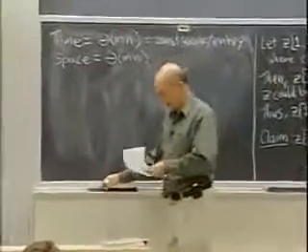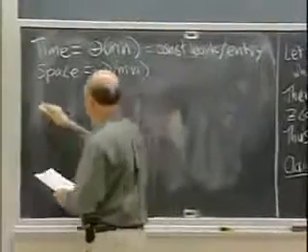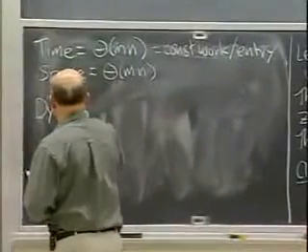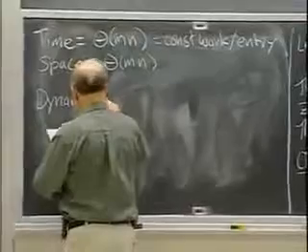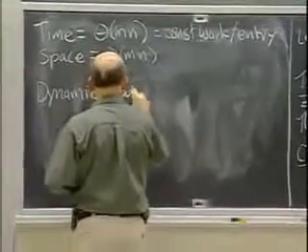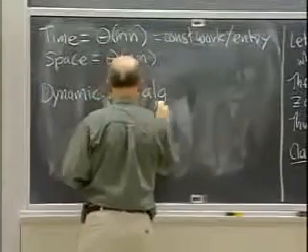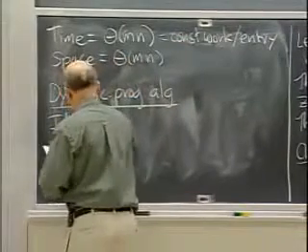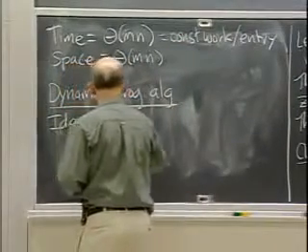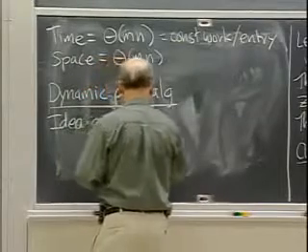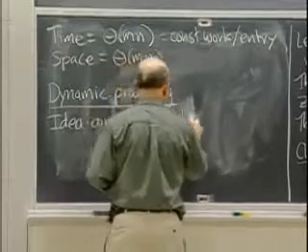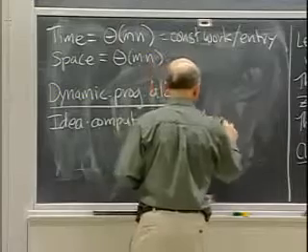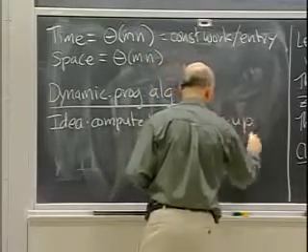So there's another strategy for doing exactly the same calculation in a bottom-up way. And that's what we call dynamic programming. The idea is to compute the table bottom up.